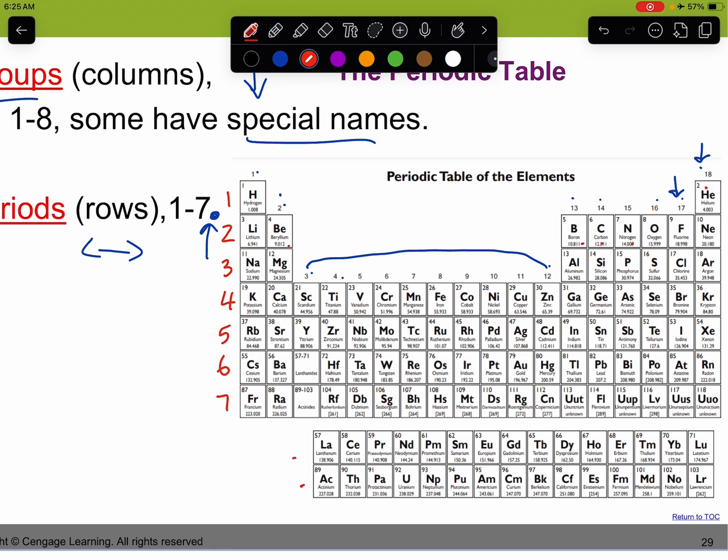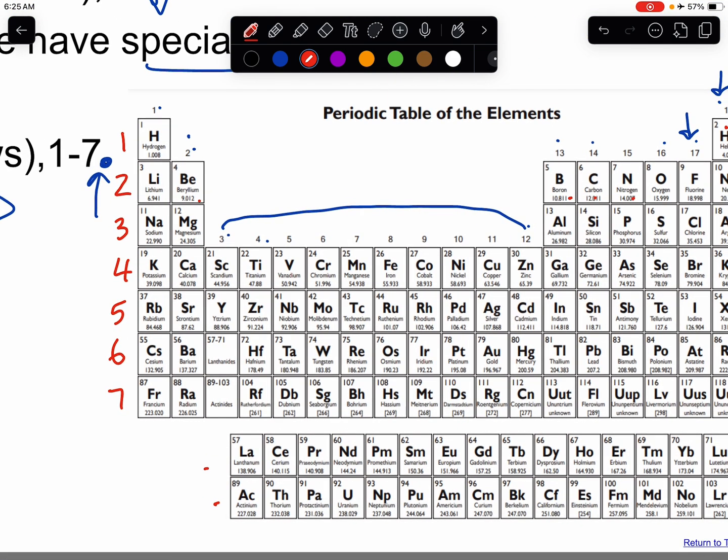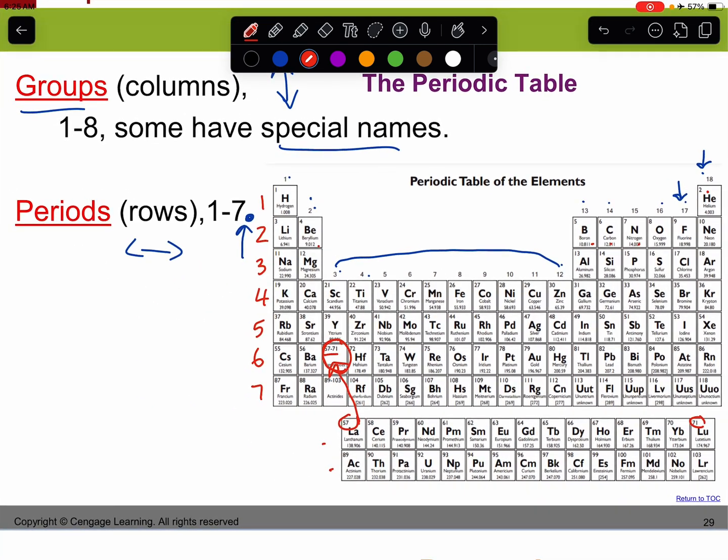Now, you're saying to yourself, why are we not referring to these last 2 groups? Well, these groups actually come out of this section. So 57 to 71 actually belong in here. The issue is, it kind of makes the periodic table too long, and it's hard to fit on paper. So we pulled out radioactive elements so that they're an easy reference. Hey, that's radioactive.